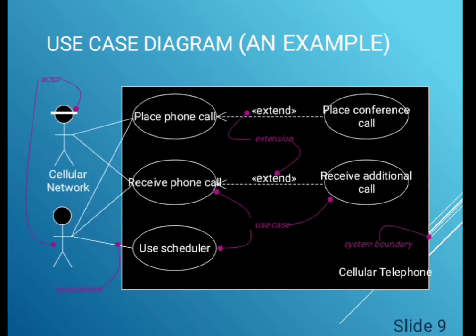We will see one example related to use cases. Phone call, place conference call, resume phone call, receive additional call, and use scheduler are all use cases, in which place conference call extends from the phone call, and receive additional call also extends from the phone call. These all interact with the cellular network, which is called an actor.